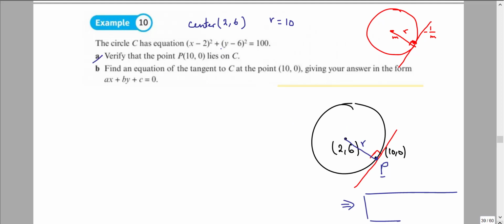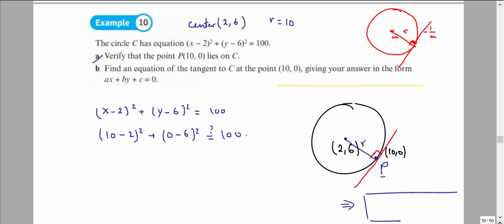We substitute the point in the equation x minus 2 all power 2 plus y minus 6 all power 2. Replace x with 10 and y with 0, and check: is the left hand side equal to the right hand side?